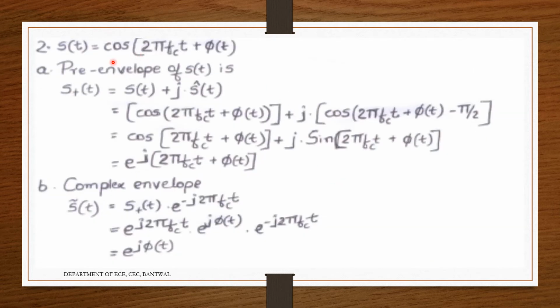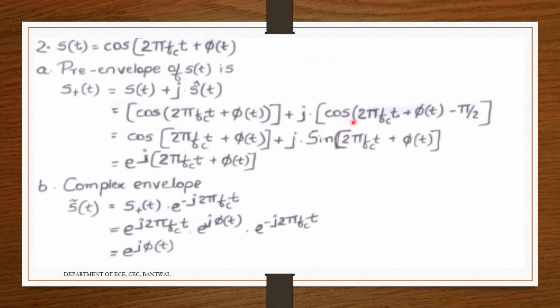Next one, s of t is equal to cos of 2 pi f c t plus pi of t. First, the pre-envelope of s of t, s plus of t, is equal to s of t plus j s cap of t. That is cos of 2 pi f c t plus pi of t, plus j into cos of 2 pi f c t plus pi of t minus pi by 2.